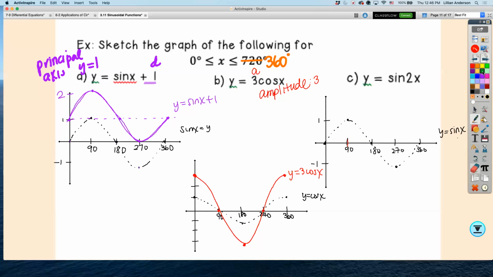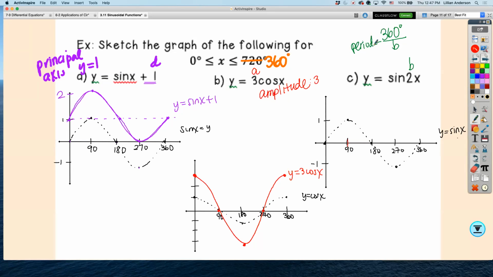Now to get sine 2x, that value affects your x's. Follow me on this one. If this represents B, what formula from the previous page involves B, has B in it? 360 degrees divided by B. That formula is to find your what? Your period.